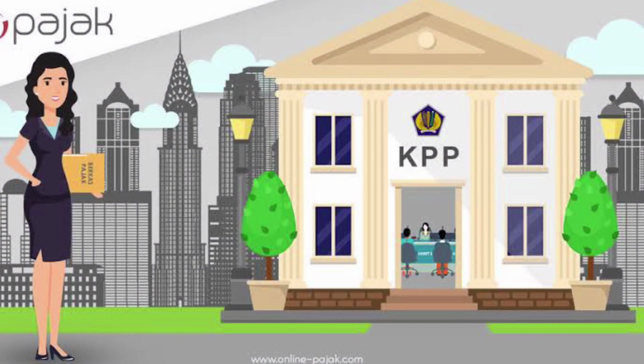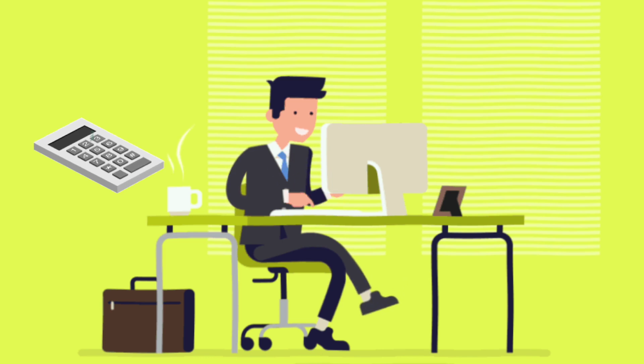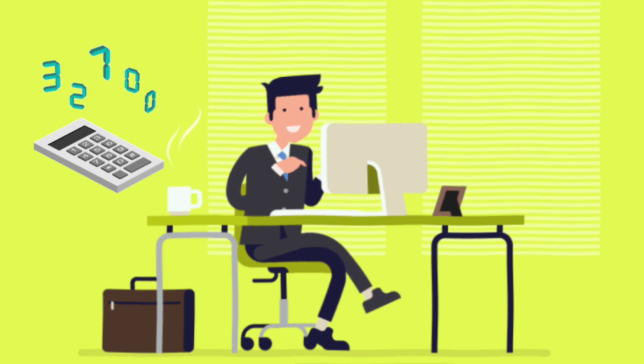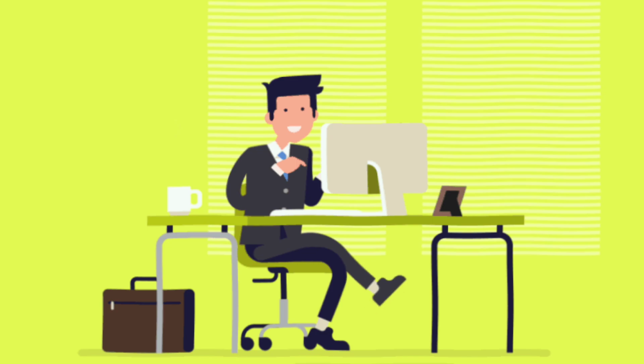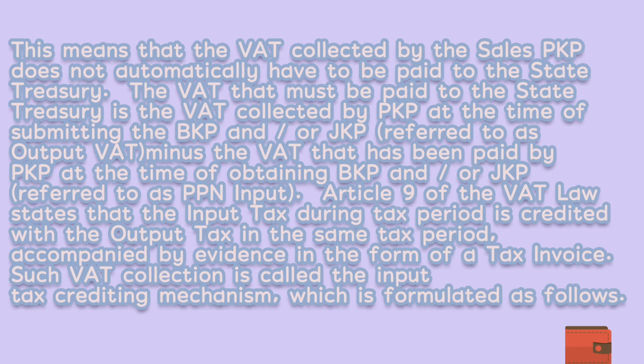The VAT that must be paid to the state treasury is calculated using the indirect subtraction method, cash method, or invoice method. This means that the VAT collected by the sales taxable entrepreneurs does not automatically have to be paid to the state treasury.